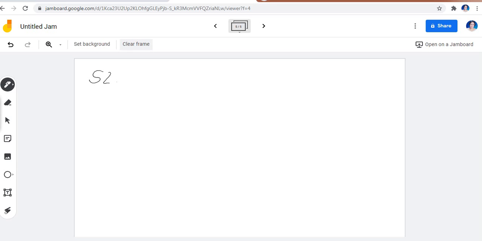Sample problem number 2. Our given for state 1, the original state, are these properties. You have humidity equal to 0.0118 kilogram water per kilogram dry air.